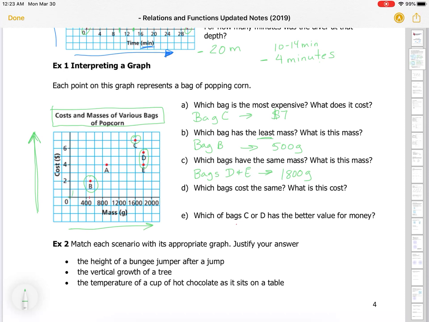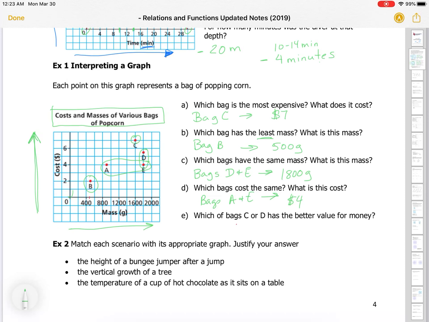Which bags cost the same? We look at the cost, and we have two bags at the same level for cost. That's bags A and E, and they cost $4. And which of bags C or D has the better value for money?